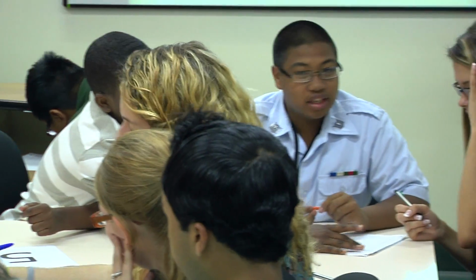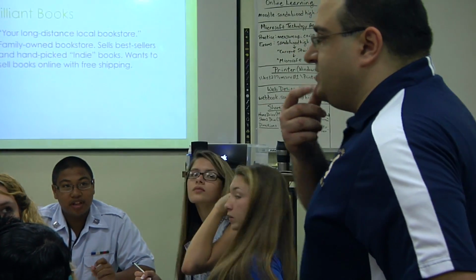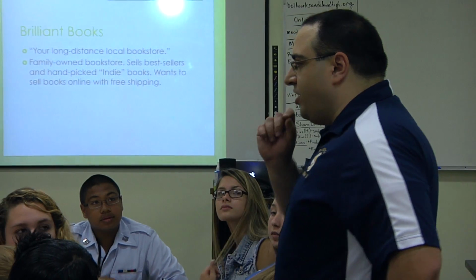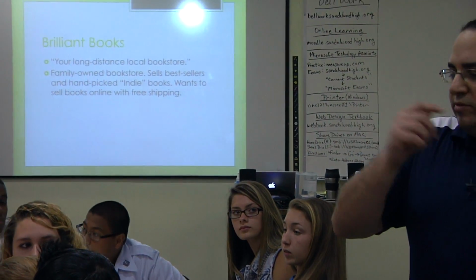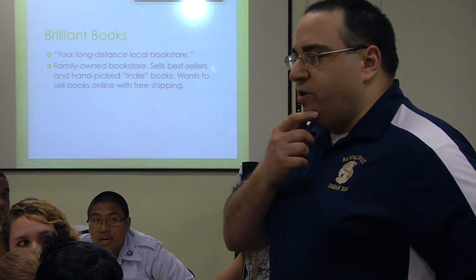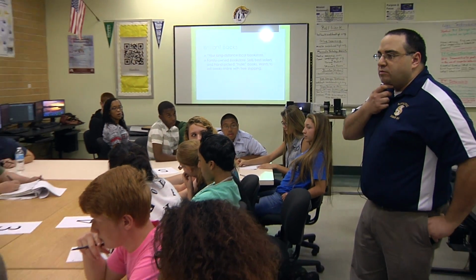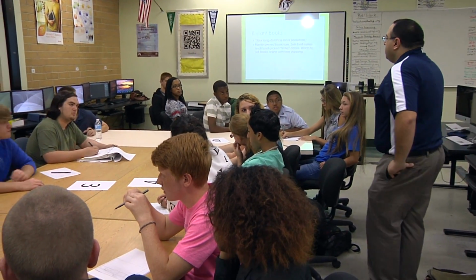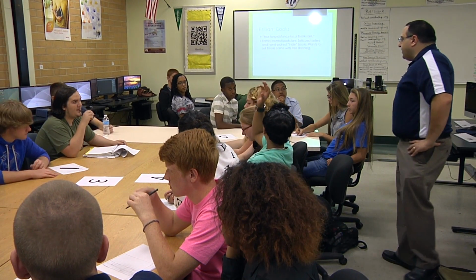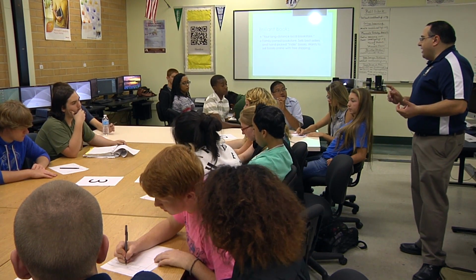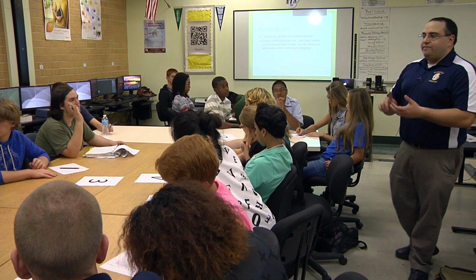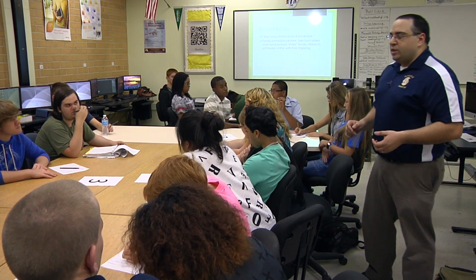You know what? I'm overhearing some people saying some things that we didn't mention a minute ago. Think about again, when you are going to buy a book, how do you search for a book? You search by genre. So if you like mystery or fantasy or fiction or nonfiction, right?